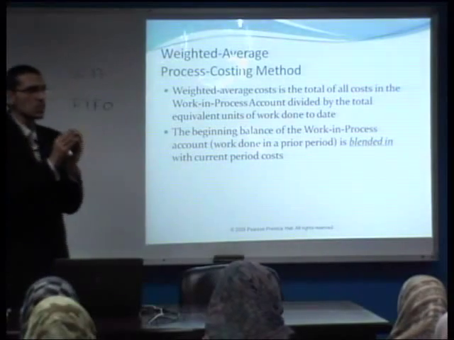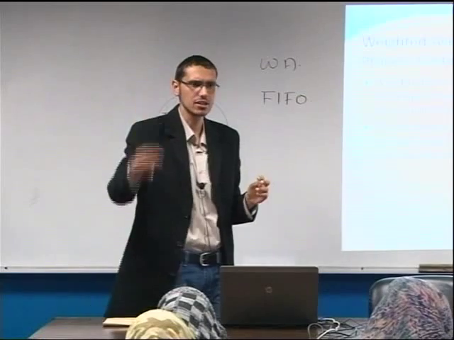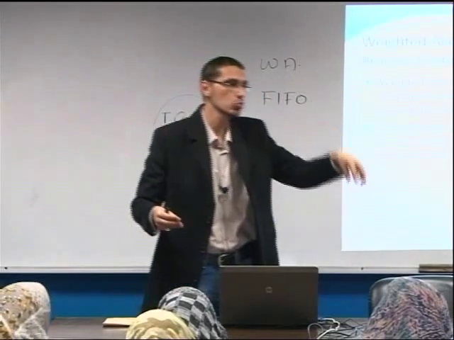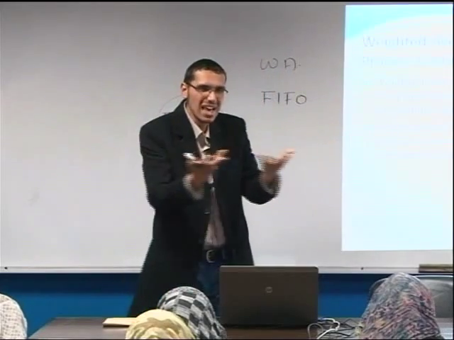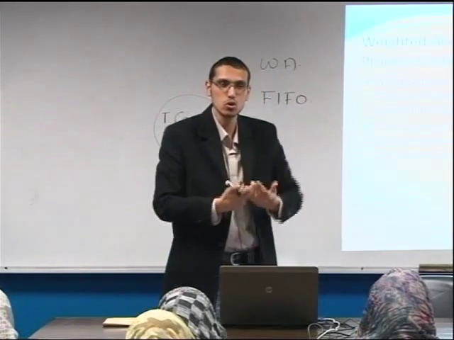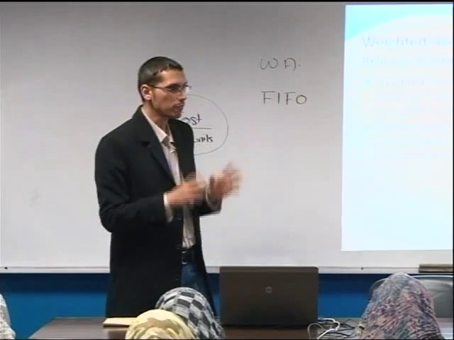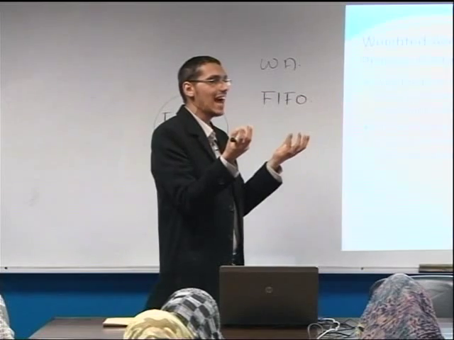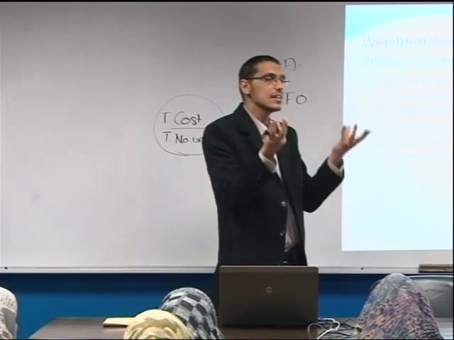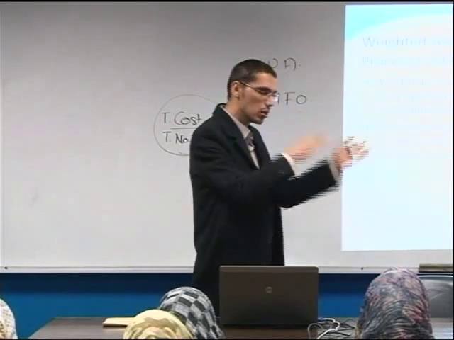We said that we are not going to separate between the costs that were incurred in the previous year and the costs that were incurred in this current year. Therefore, we are going to blend, we are going to mix these two costs or these two categories with each other. Of course, the FIFO, as we are going to see, does not have this simplicity in calculating the cost per equivalent unit, as we are going to see.